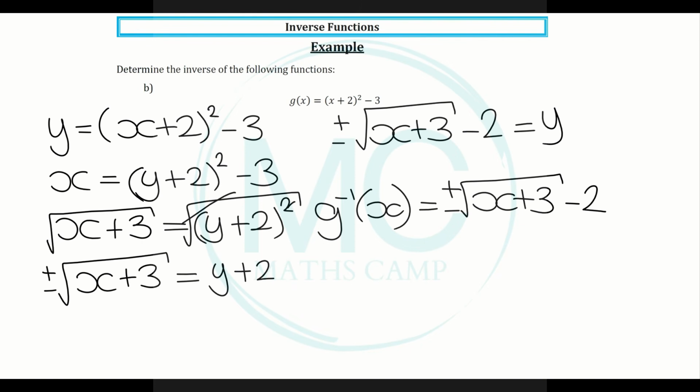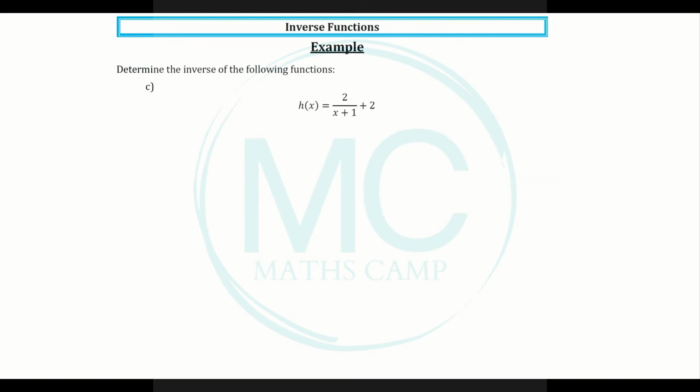Let's do one more. h of x is equal to 2 over x plus 1, plus 2. Let's make y the subject. Say y is equal to 2 over x plus 1, plus 2.